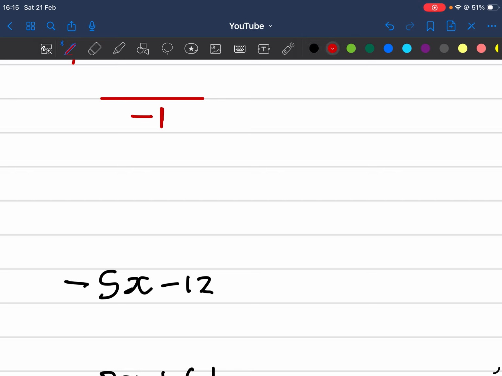Now if you factor out a minus 1, then this is what's gonna happen. You have a minus 1 bracket and everything will stay the same. You'll have your 5x and you'll have a 12, but the sign is gonna change. So the negative will be a positive and the negative will be a positive. That's all that happens.